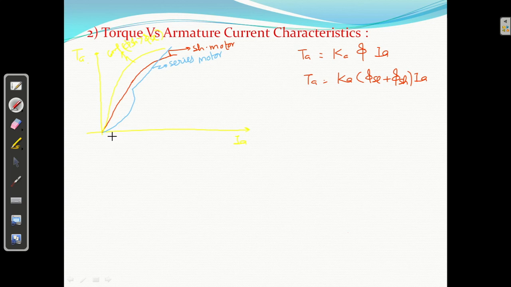And second case, if your series flux is more stronger than the shunt, characteristic will be like a series motor. But इसमें जो torque produce होगा वो less होगा for the same value of current. It is like that.